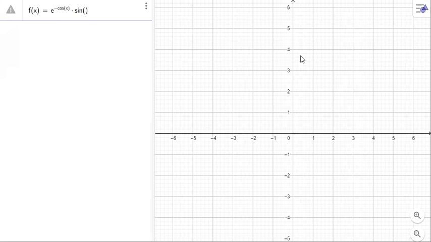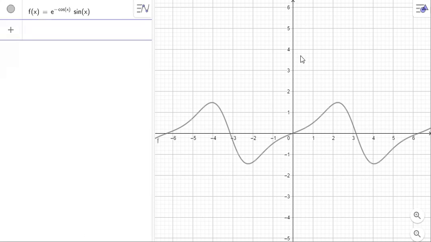Okay, so that is the function, and here is the graph you see on the screen. You can see the graph is very close to being like a sinusoidal graph because it's a combination of the sine function, the cosine function, and the exponential function.